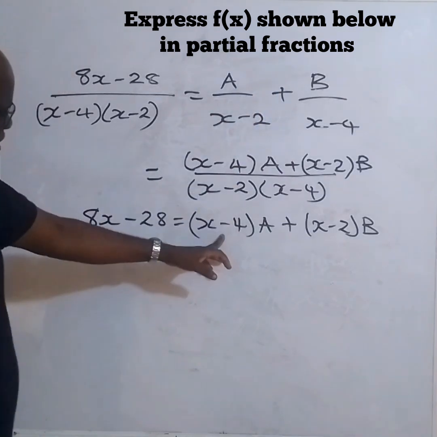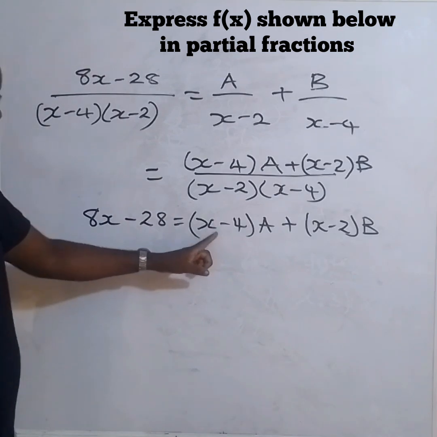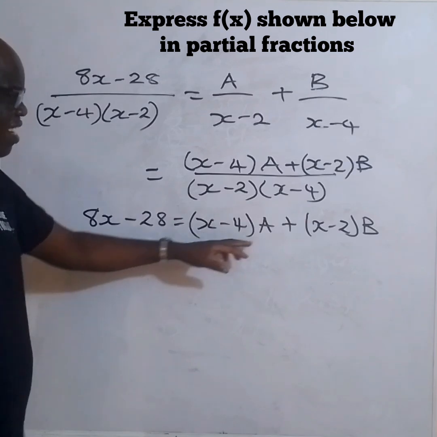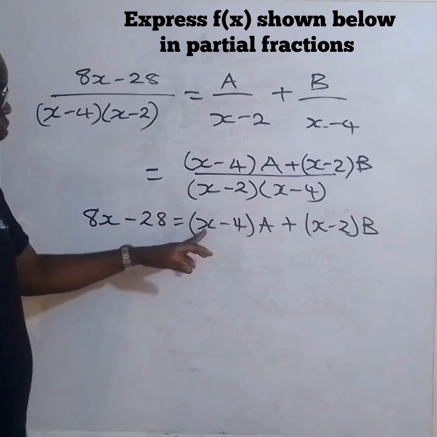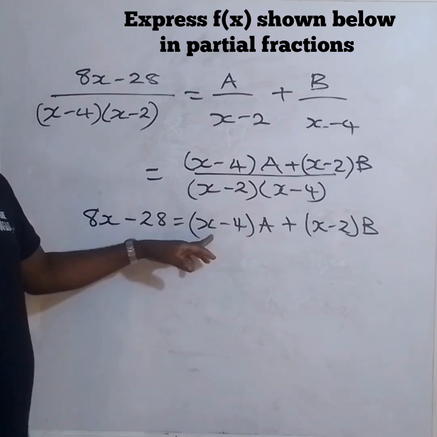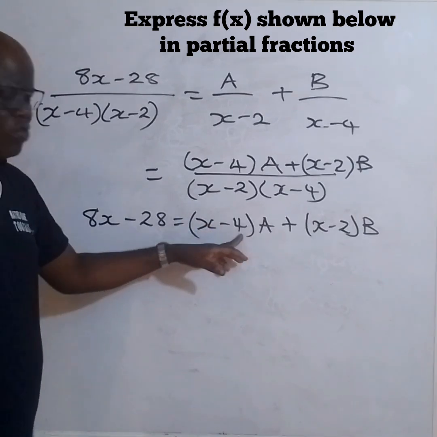Now observe this one for us to get what our B is. This is x minus 4. So you will set the x in such a way that this expression will be equal to 0. If you put x equal to minus 4, this one will become minus 8. So if you put x equal to 4, this one will become 0.